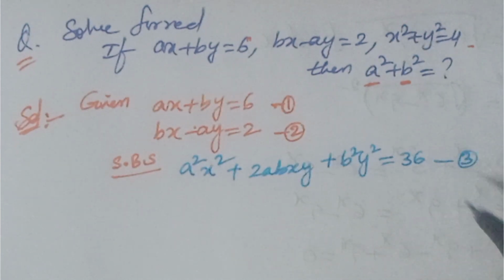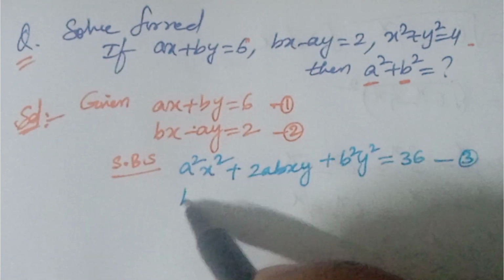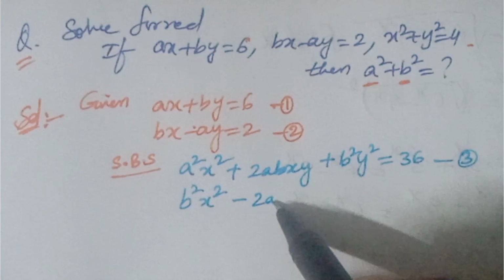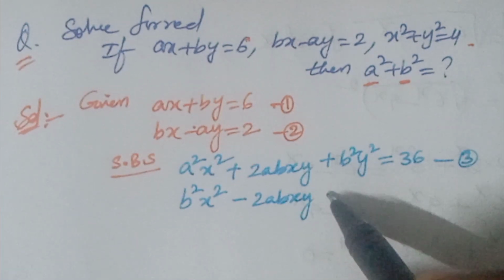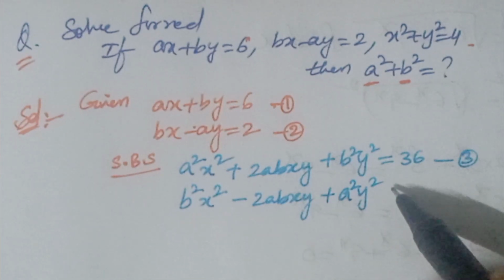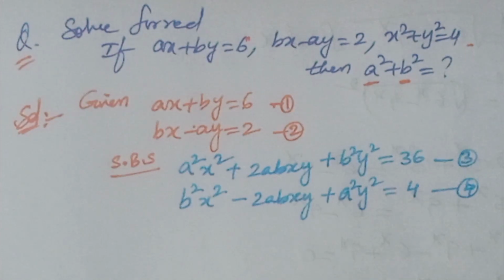Let it be 3. So if you do the second one, squaring on both sides, b square x square minus 2abxy plus a square y square is equal to 4. Let it be 4.